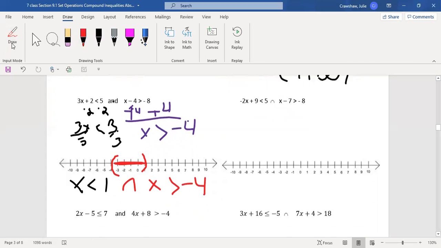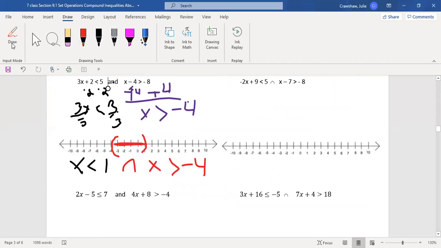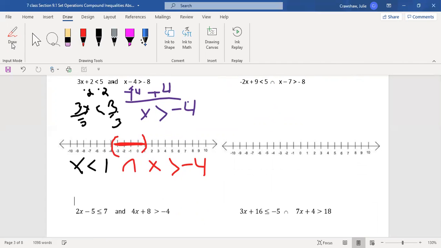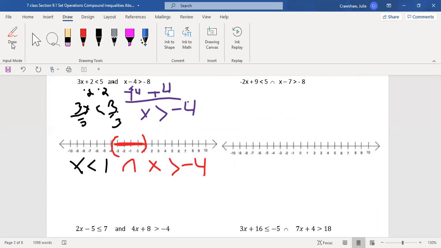So for the compound inequality, x is less than 1 and x is greater than negative 4, the numbers that are going to be within that solution are starting but not including negative 4, comma, all the way through to 1, but not including 1.